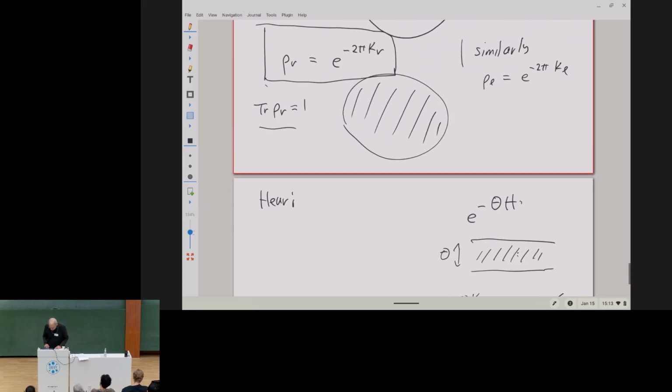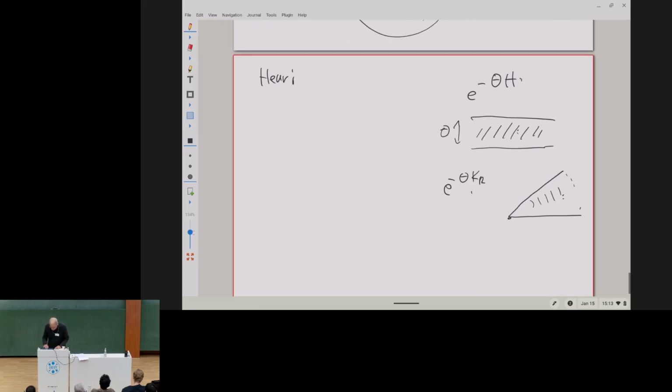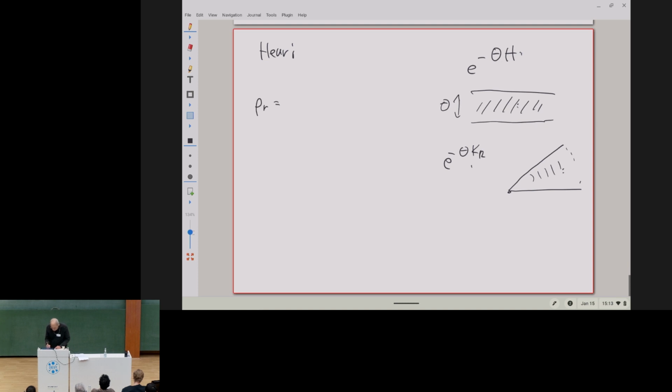I forget where we were. Okay. So we had concluded that the density matrix of the right Rindler wedge was e to the minus 2 pi K_R. And heuristically, that means that physics in the right Rindler wedge is thermal.